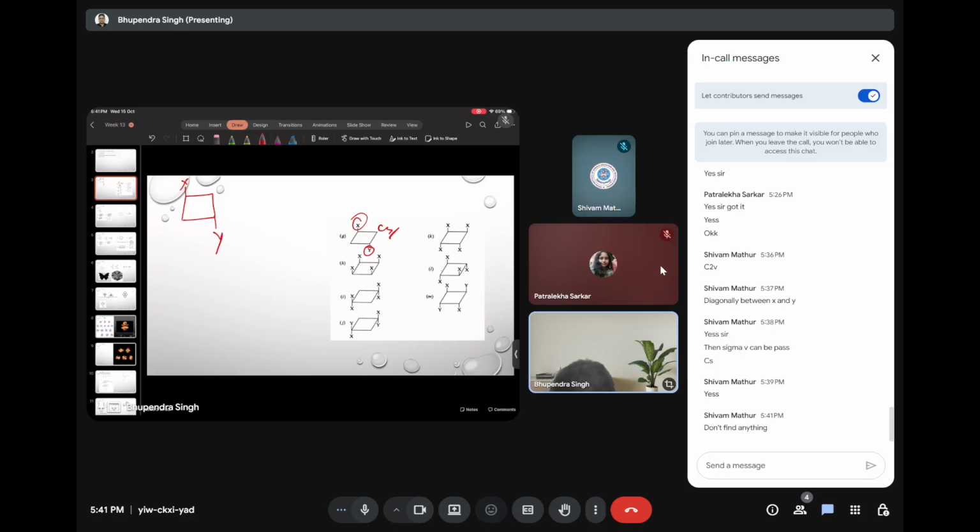Anyway, moving on. Find the point group of this. Cs, Cs means? Okay, tell me, is the point group of this Cs or not? You have said sigma v can be passed, and after that you said Cs.